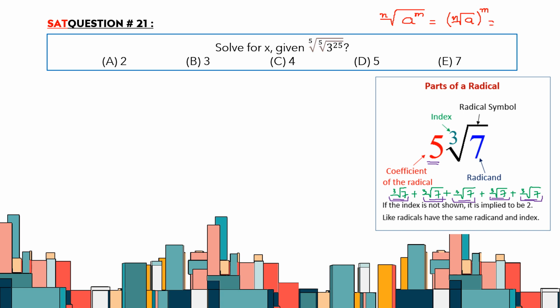We can rewrite it as a, with the power on the top as the numerator and the root at the bottom as the denominator. So the n root of a to the power of m equals a to the power of m divided by n.